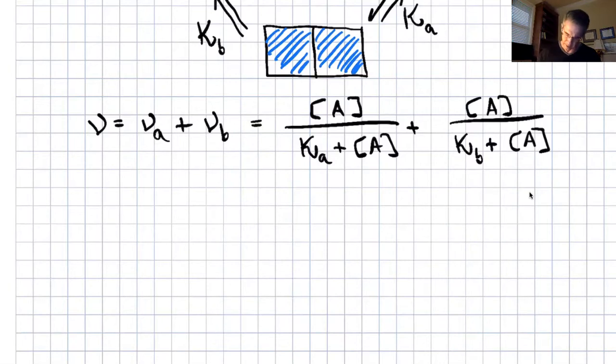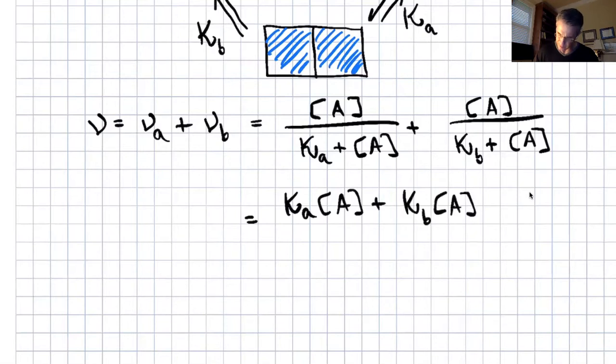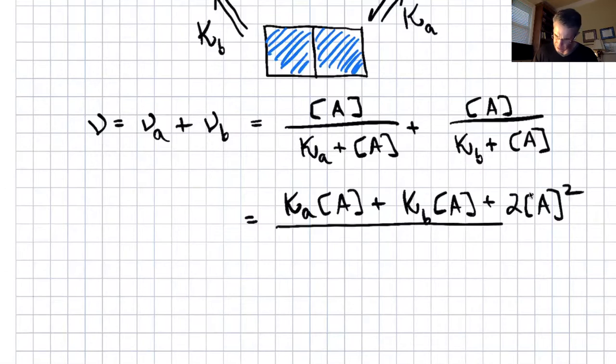When you do that, the degree of binding expression now looks something like this. Kappa A times concentration of A plus kappa B times the concentration of A plus 2 times concentration of A squared. This is just really basic algebra, so I'm going to leave it to you to remember how to find your common factor and expand this.